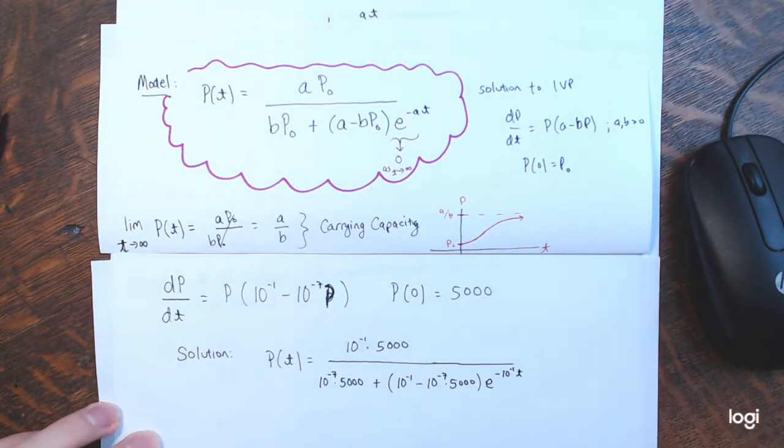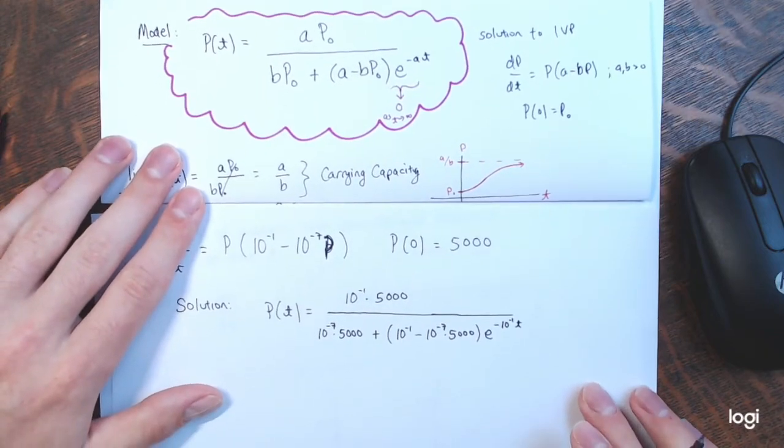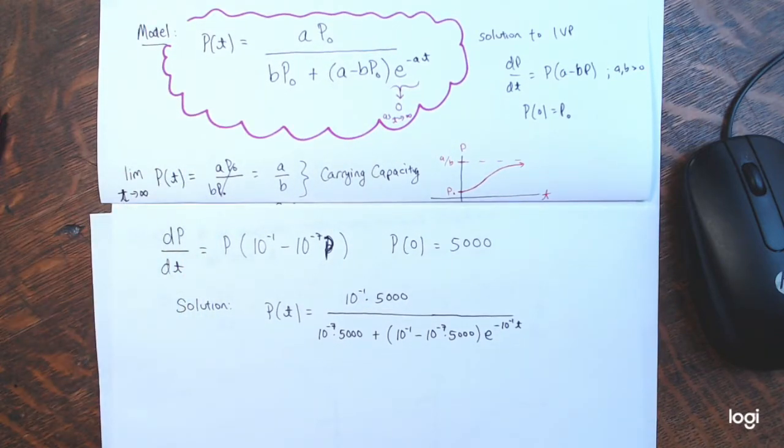All right, just replacing all the A's with 10 to the negative first, B with 10 to the negative 7th, and P sub 0 with 5,000.